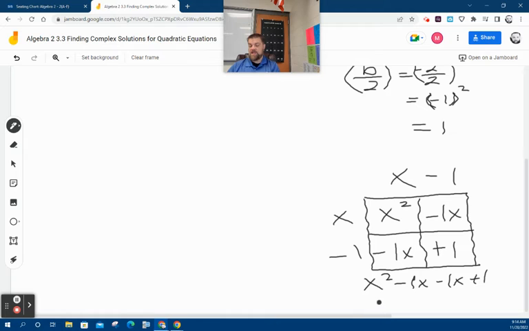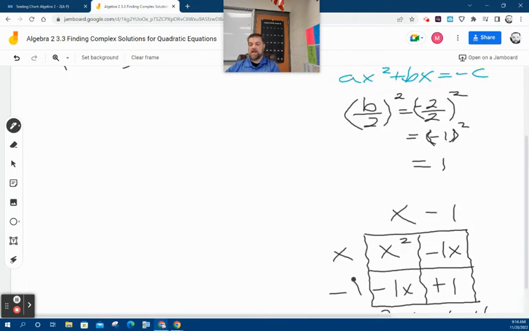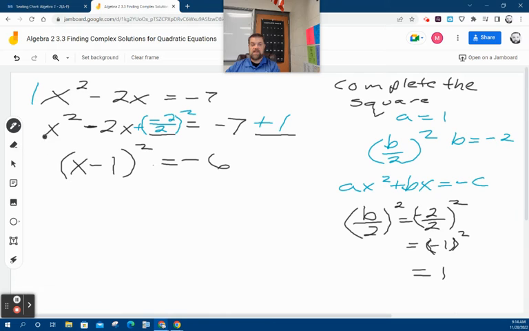When you combine those like terms in the middle, you get x squared minus 2x plus 1. So I did all that to show you guys that this right here, which is x squared minus 2x plus 1, because all this will reduce down to 1, is the same as x minus 1 squared.